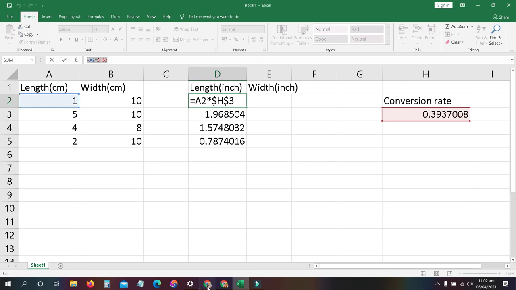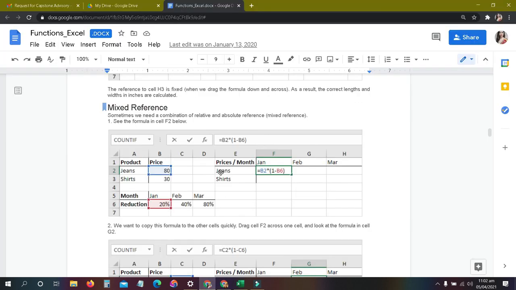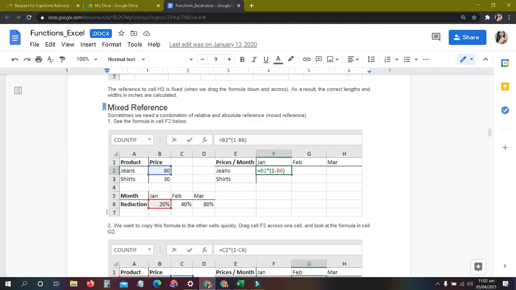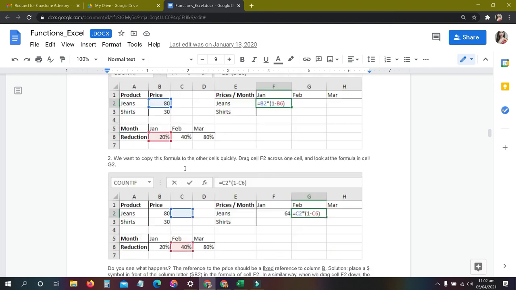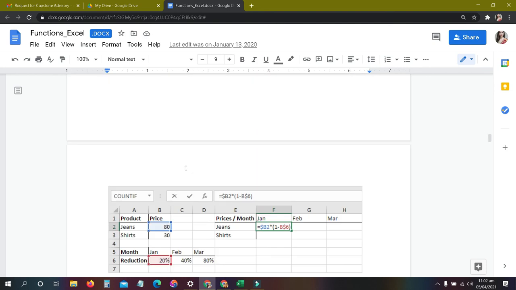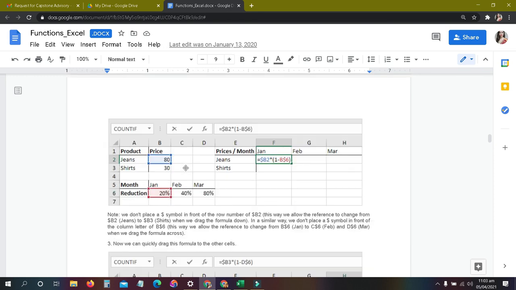When you say mixed reference, from the term itself, mixed, in our cell we can see that this means the combination of relative and absolute reference. Again, that's a mixed reference. You can see in this cell the mixed reference.